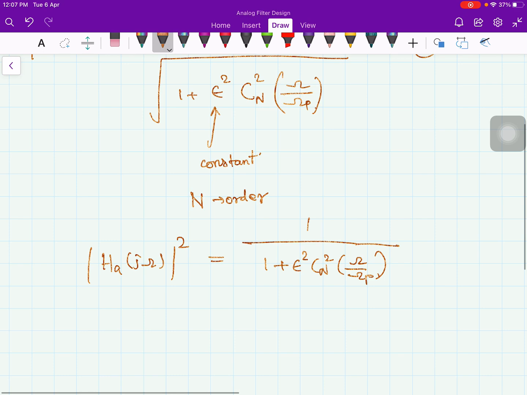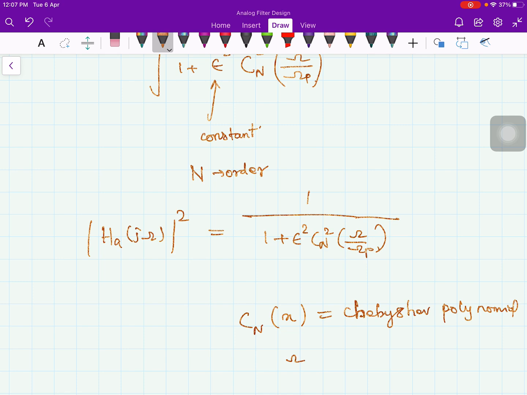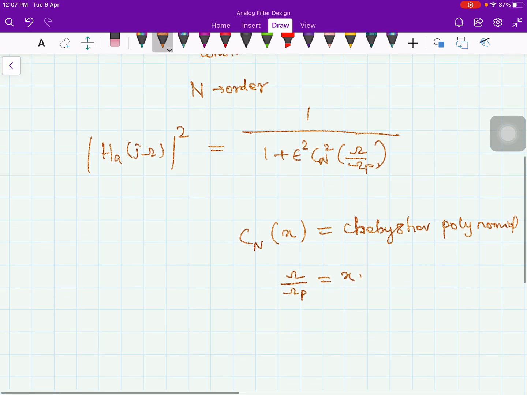Now this Cn of x, we call Chebyshev polynomial, where I assumed omega by omega p is equal to x.